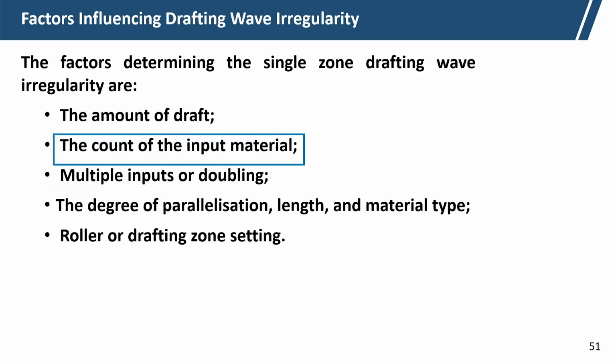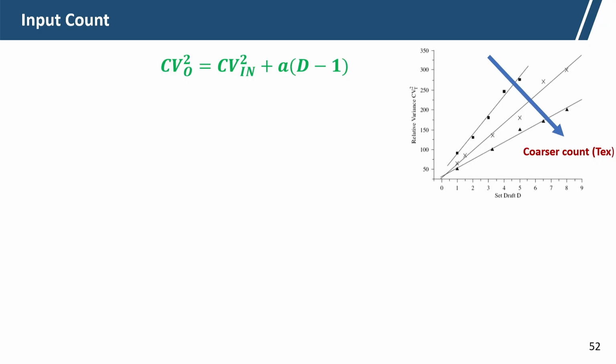Now, count of input material. If the count of input material increases, that means it becomes thicker. What we can see here is that for a particular draft, say draft 5, if it becomes thicker, then the relative variance will be low. If we use the coarser material, the relative variance, the CV% irregularity, will be lower.